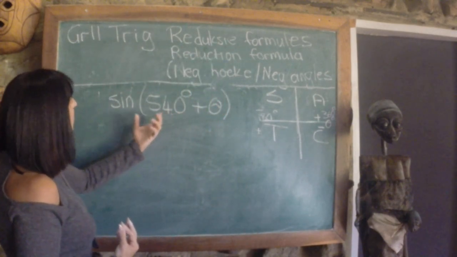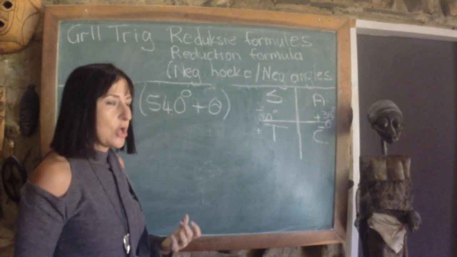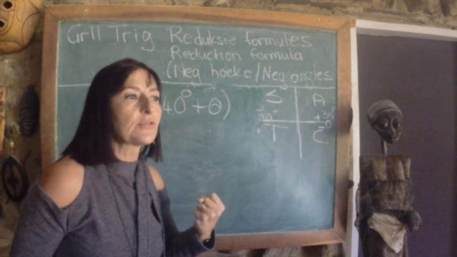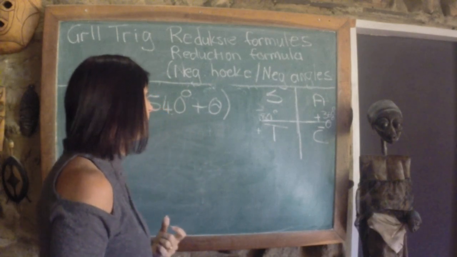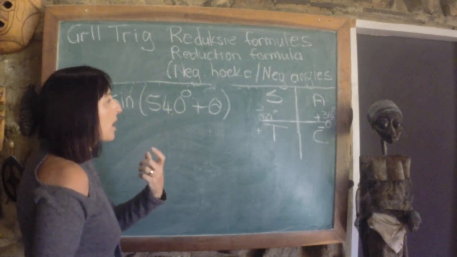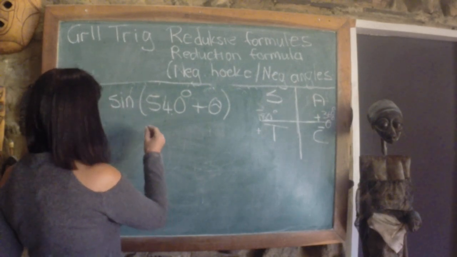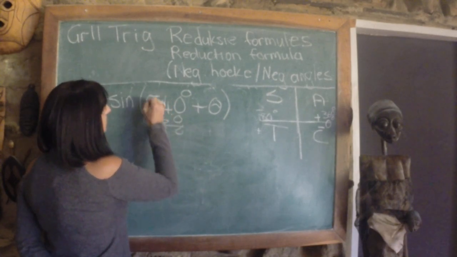So die periode van 'n sinuskurwe is 360 grade. So ek kan 360 grade hier uithaal soveel soos wat ek wil, en dit gaan nie aan my waarde van my uitdrukking verander nie.